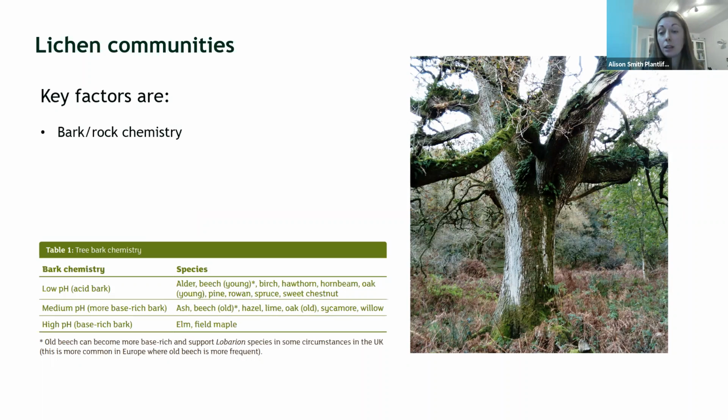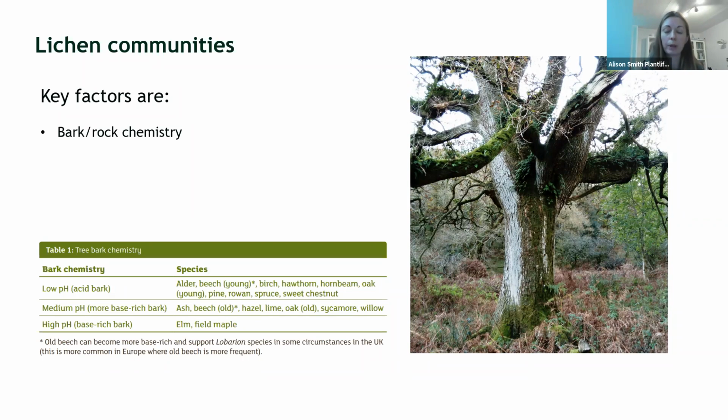So you'll get certain communities of lichen that like to grow on the acidic bark trees, such as alder, birch, young oak. And then you get other lichens that prefer to grow on more base-rich bark, such as ash trees, hazel, willow, even sycamore, and old oak.